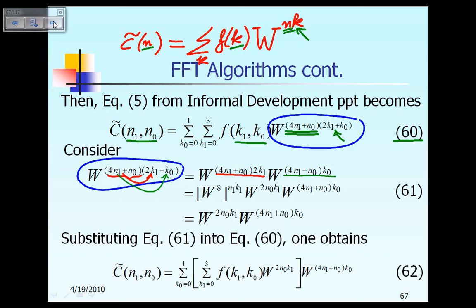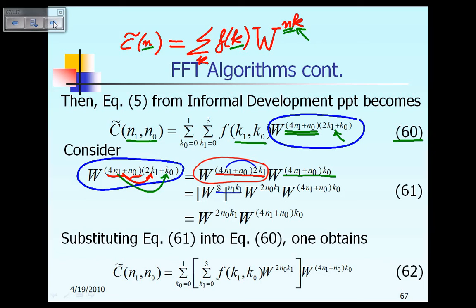Now let us pay attention to the first term, which is w raised to the power 4n1 plus n0, the whole thing times 2k1. That term can be expanded a little bit more. For example, if you take 4n1 times 2k1, then you will get the power of 8n1k1.